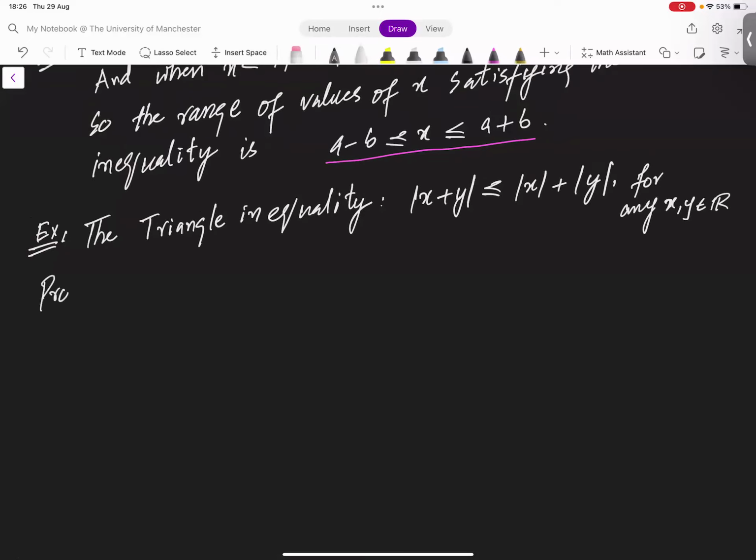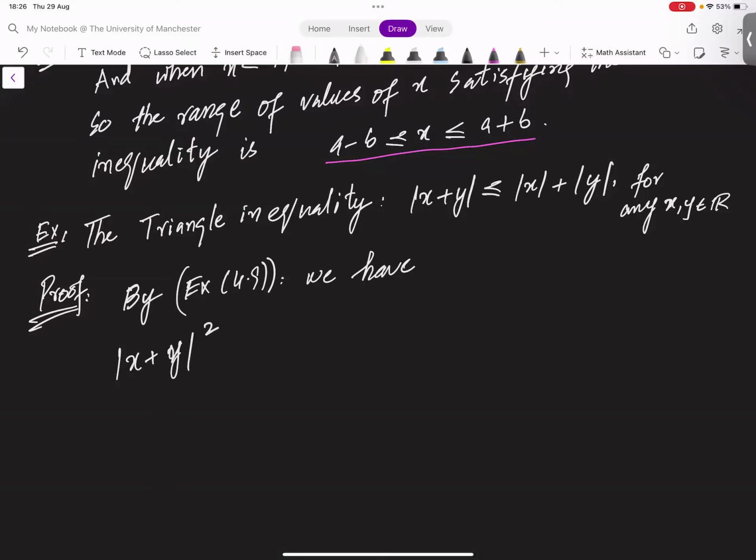And to prove this, by example 4.9, if we square this, we will get x plus y whole square, then x square plus 2xy plus y square.